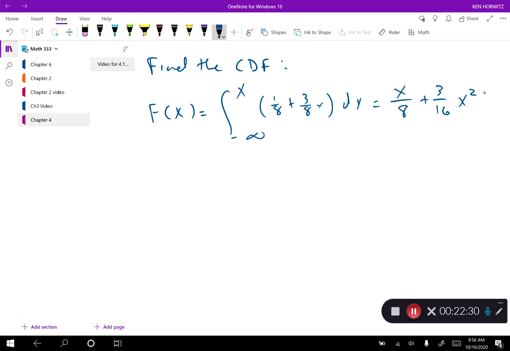Thus, the CDF, denoted as big F of x, is going to be 0 when x is less than 0.